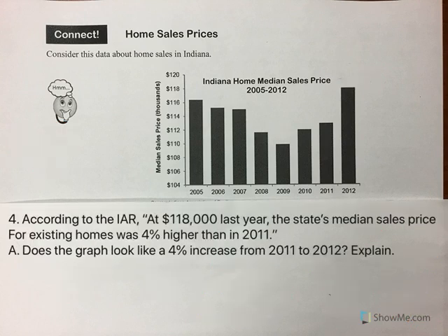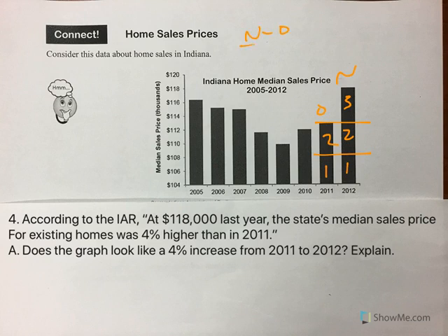According to the Indiana Association of Realtors, at $118,000 last year, the state's median sale price for existing homes was 4% higher than in 2011. Does the graph look like a 4% increase from 11 to 12? Okay, now I think it looks like 2012 is 3 equal chunks and 2011 is 2. If I just go by chunks, this is new and this is old.